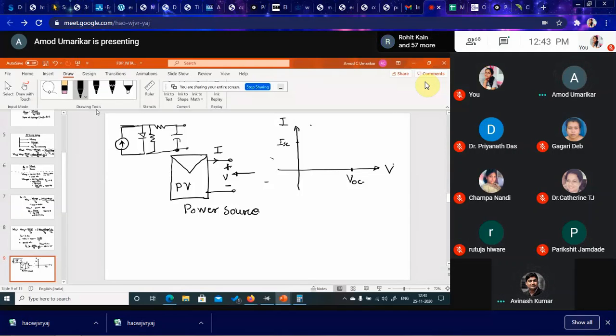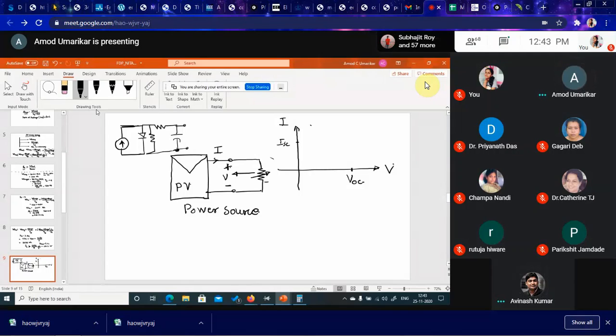Then what will be our next study for a given source? We'll connect some load. We know this is a kind of DC source, so the most normal circuit element we use to study it is a resistor, correct? So we'll use a resistor.